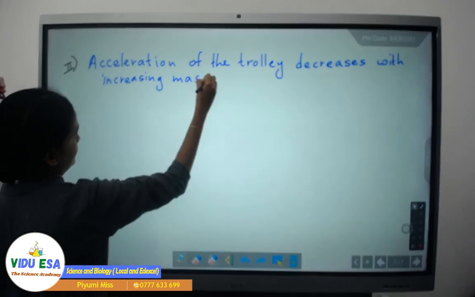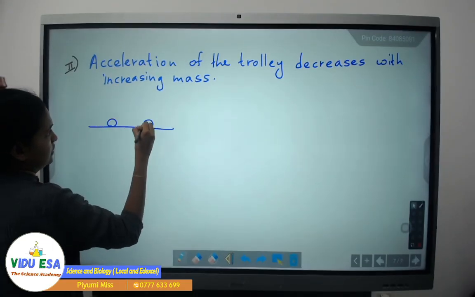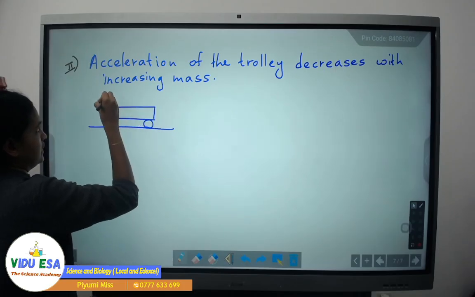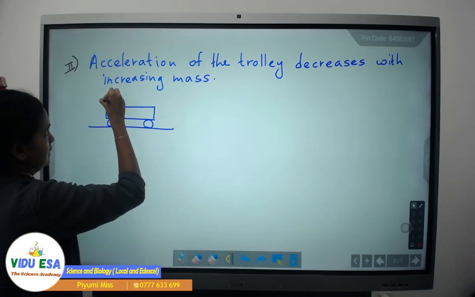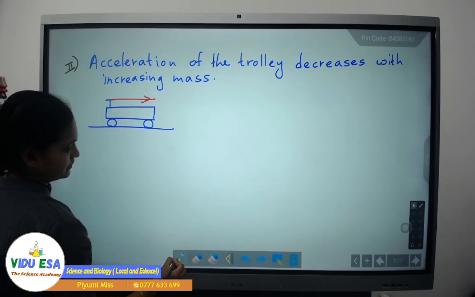So you can take two instances with the same trolley. You apply a force till the end of it using one rubber band, extending it up to the length of the trolley. This is instance 1.